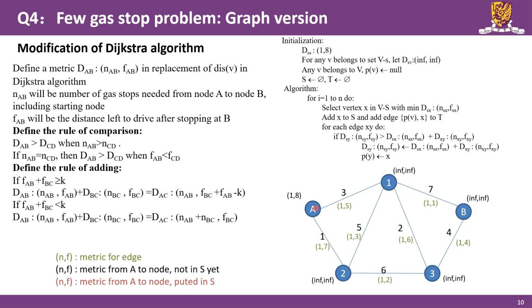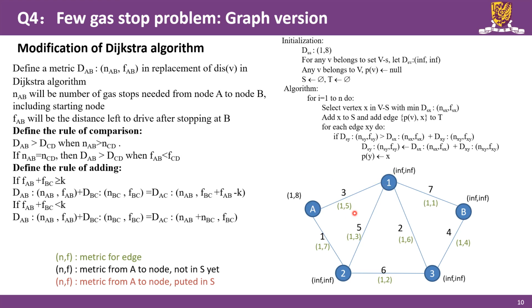So for maybe edge A1, the calculated DA1 will be, since the edge length is 3, the gas left when stopping at 1 will be 5. So FA1 will be 5, and NA1, since we start at A, is 1.